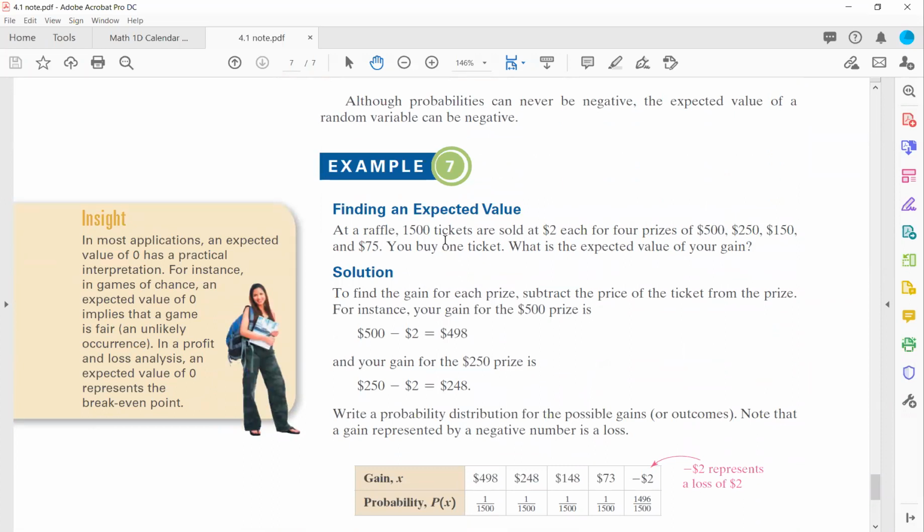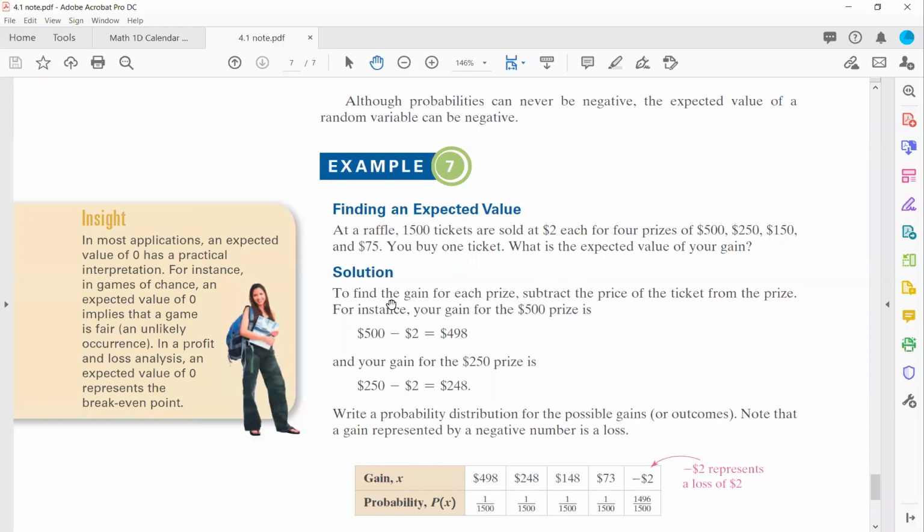A raffle, 1,500 tickets are sold at $2 each for 4 prizes of $500, $250, $150, and $75. So you buy one ticket. What is the expected value of your gain?